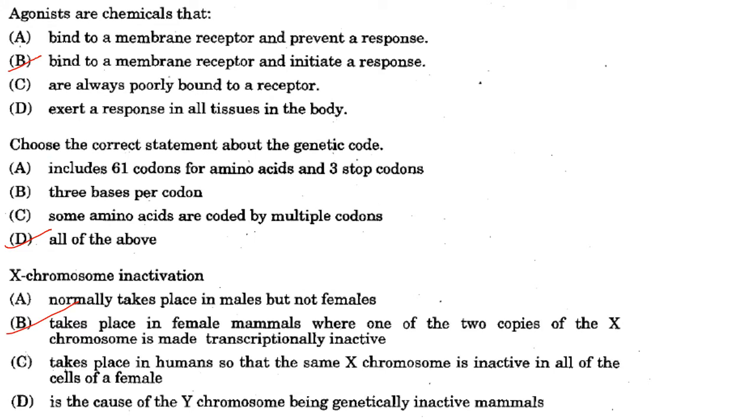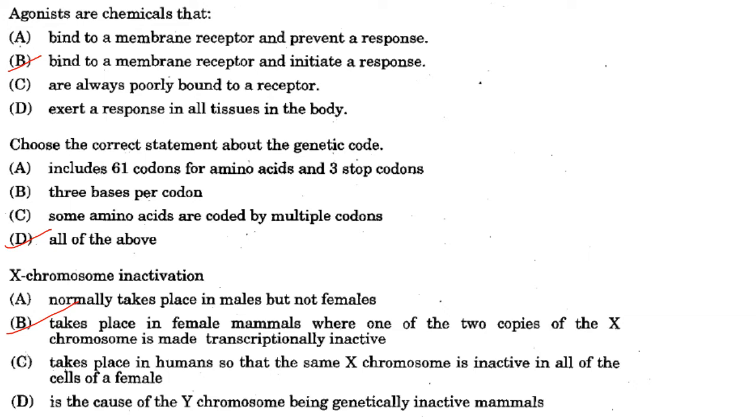Then agonist. An agonist is a chemical that binds to a receptor and activates the receptor to produce a biological response. So the answer is bind to a membrane receptor and initiate a response. Answer is option B. Then next one.